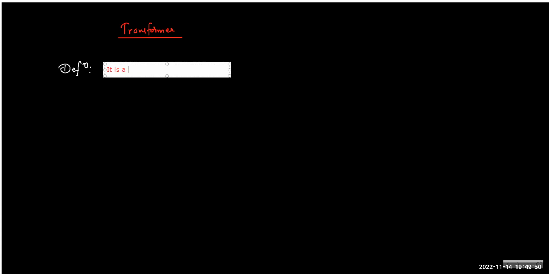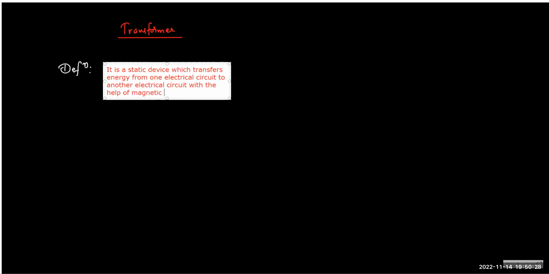It is a static device which transfers energy from one electrical circuit to another electrical circuit with the help of a magnetic circuit.